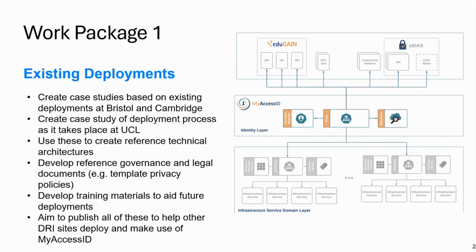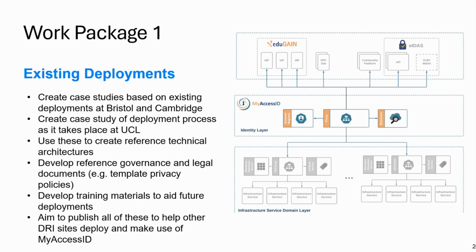We take these as examples and try to create reference technical architectures, and also, equally importantly, reference governance and legal documents and training materials to aid future DRI providers who may be interested in using MyAccessID as a federated IAM solution. And then the aim is to publish all this to make deploying MyAccessID easier in the future. So I'll hand over to my colleague who can take you through the next step.